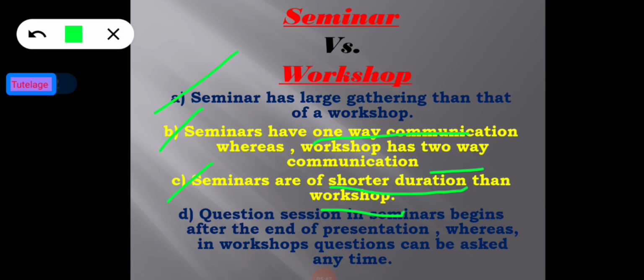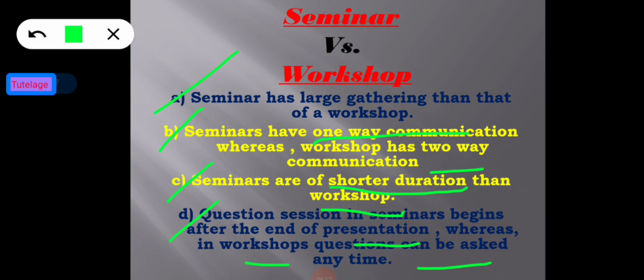So now move on to the last difference, that is the question session in seminars begins after the end of the presentation, whereas in a workshop questions can be asked anytime, because a workshop is more of a practical nature. So that's why in a workshop you can ask questions anytime, but in a seminar the question session begins after the end of the total presentation of the experts.